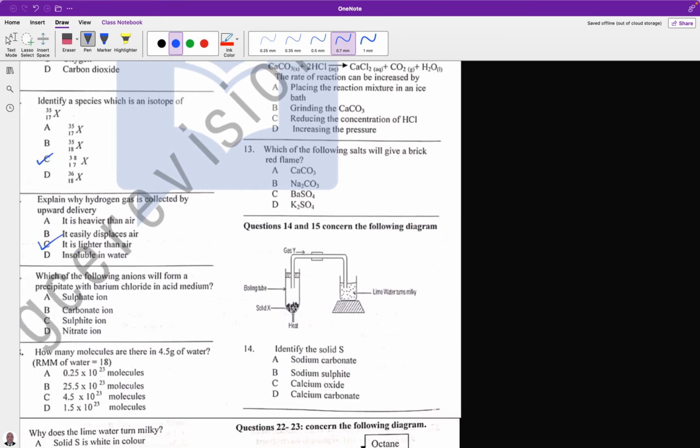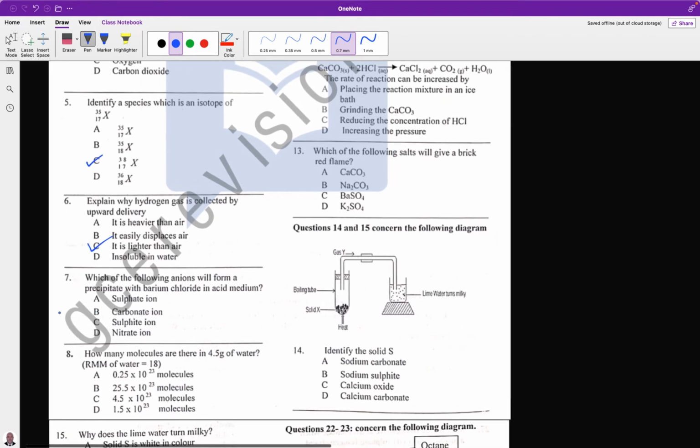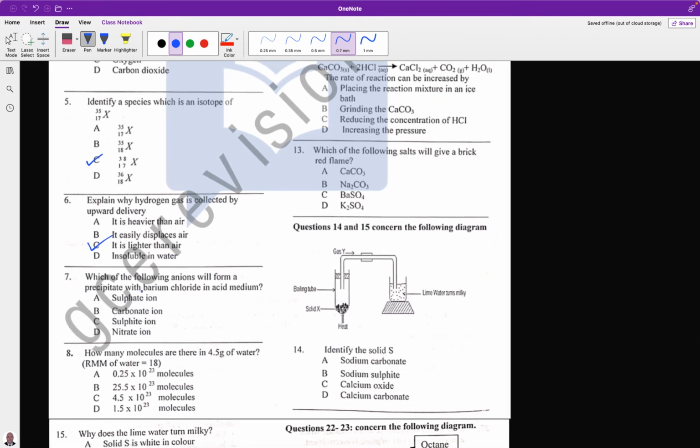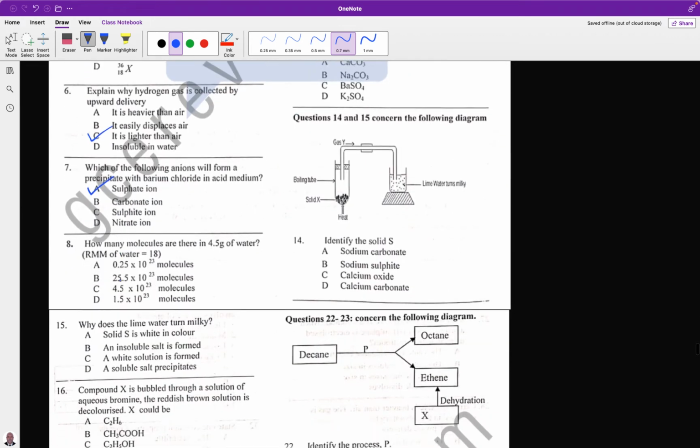It's only sodium sulfate that can do that. Sodium sulfate, not sulfite. Sodium sulfate is the sulfate ion. So it is the sulfate ion that will come from the sodium sulfate.